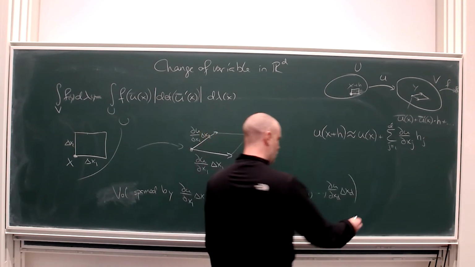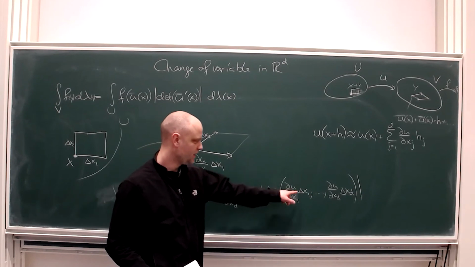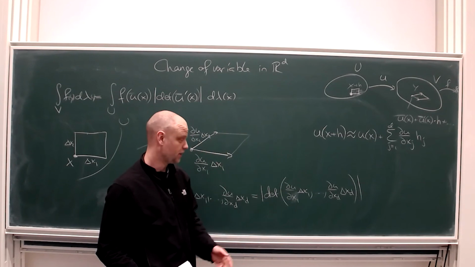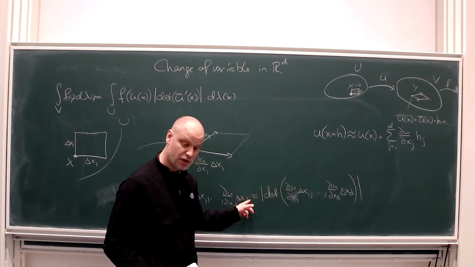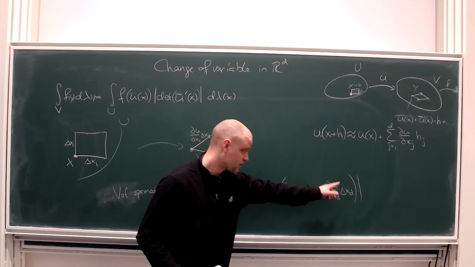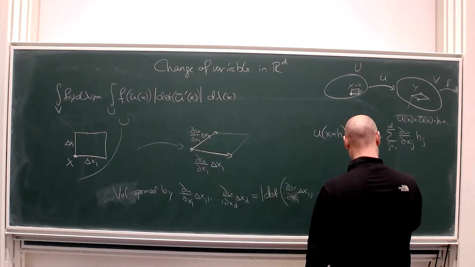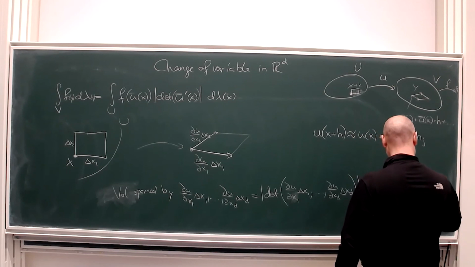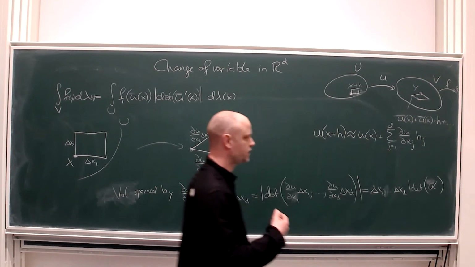And now the beauty is that determinants are linear in each column separately, meaning that here I have a column vector, I multiply it with a number, and that number I can pull out. Same here and same with all columns. So I pull out all these factors, and now I get delta X1 times delta X2 times delta XD, and then just the determinant of what's left, which becomes the derivative of u.